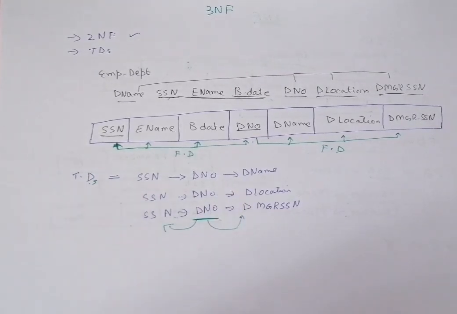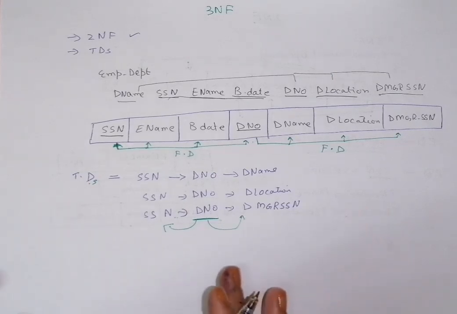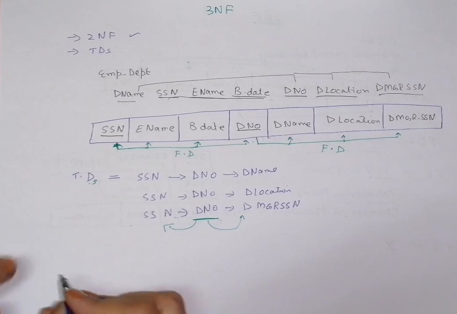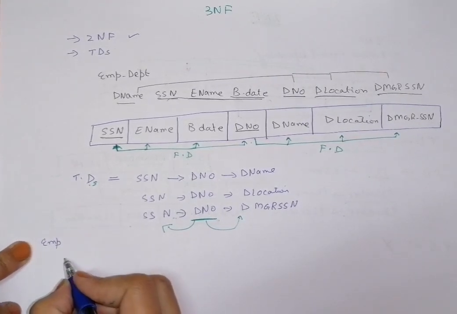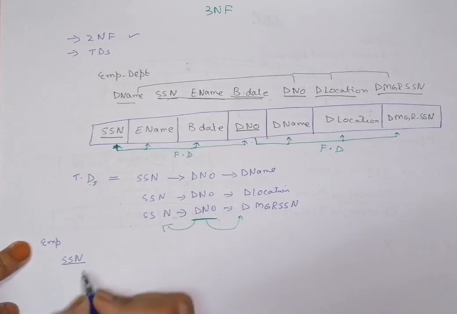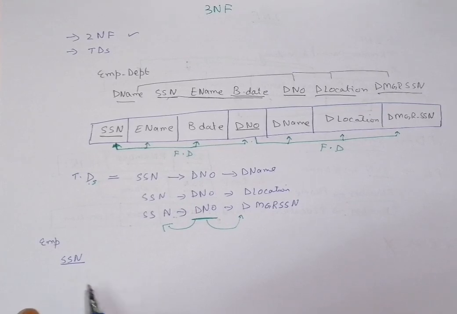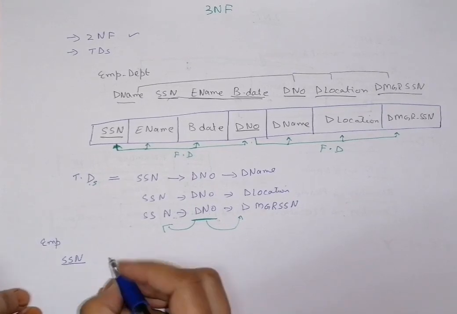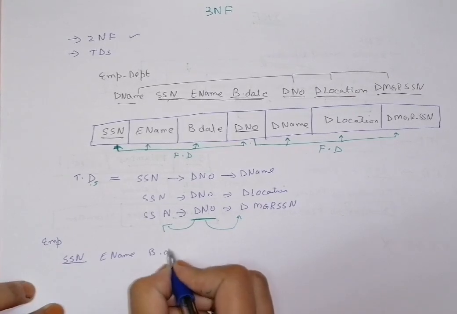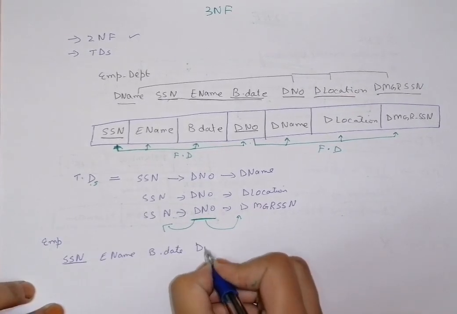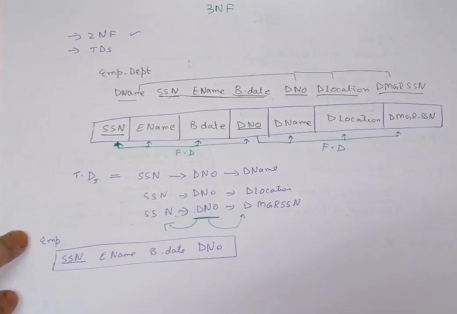So what I do here is draw the tables with respect to the functional dependencies. I create one table named employee, with attributes like SSN as primary key and all those attributes that depend on SSN for their unique existence: ename, employee's birth date, and employee's department number. This becomes the employee table.